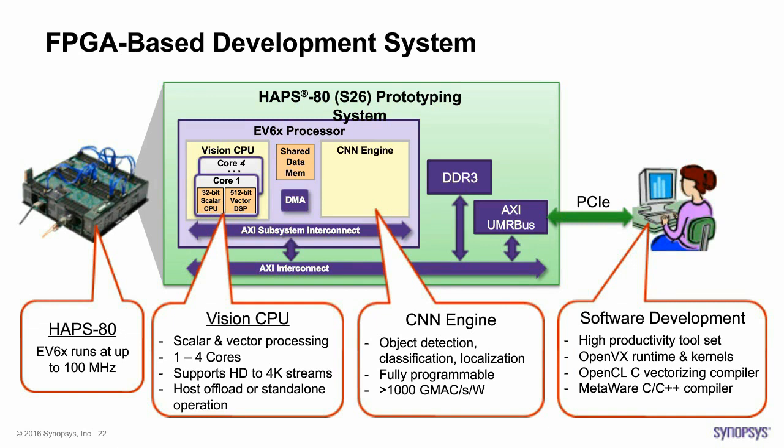But what it does allow you to do is finish and build your software program and debug it well before you have silicon, so that when you get silicon back from fab, you have a program that's been debugged that you can run on it.